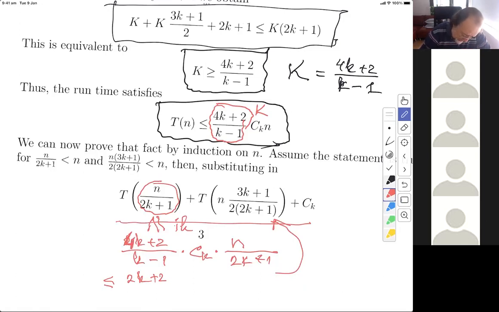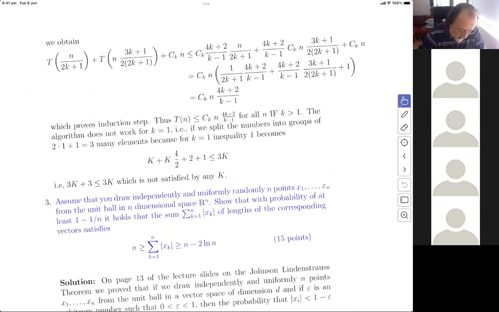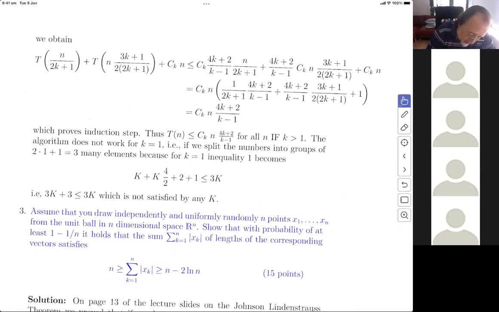And it's 4k plus 2 divided by k minus 1 times ck, and then the fraction is (3k plus 1) divided by 2 times (2k plus 1), and then this times n. And if you substitute this in the equation, this is what you get. This is what we just derived.